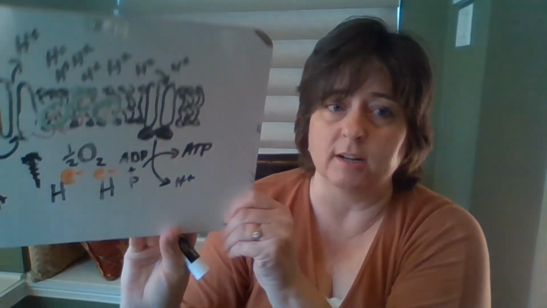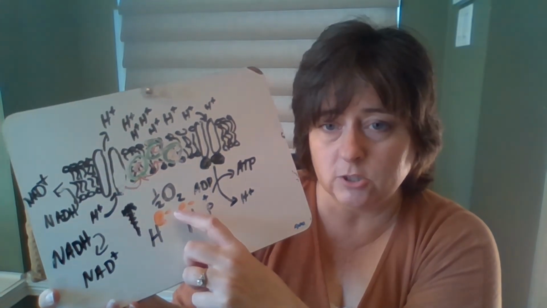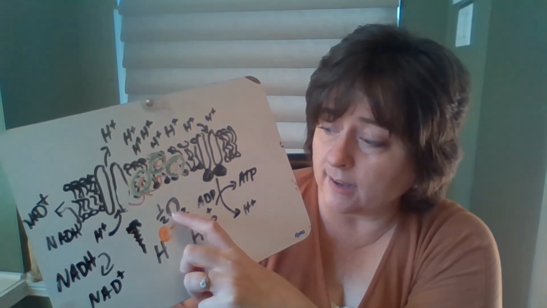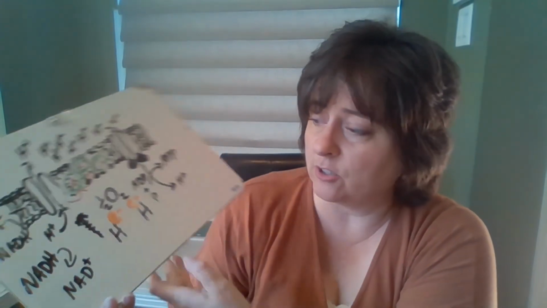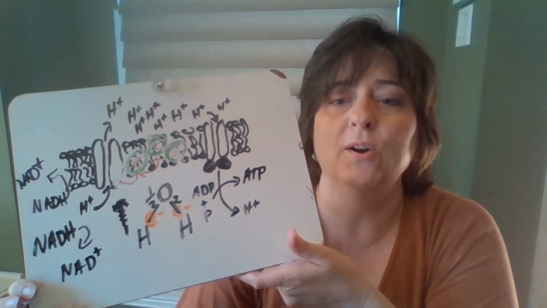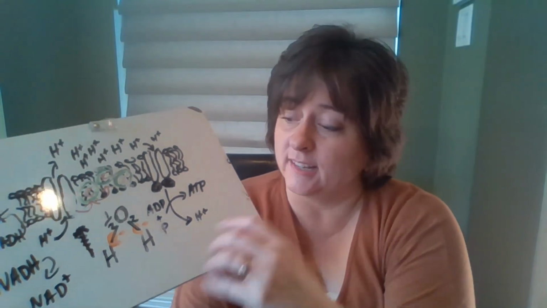Hydrogen comes over here and says, hey, oxygen, can I share your electrons? And oxygen right now is much happier. They've got their electrons, and hydrogen's like, yeah, sure, you can share them. So I now have oxygen with 2 electrons sharing it with that hydrogen ion. What have I made here? H2O, water.